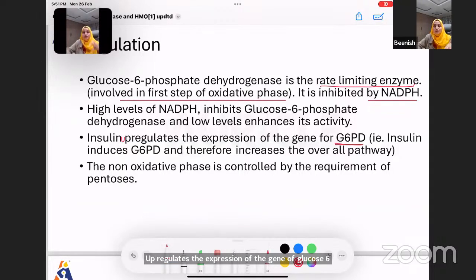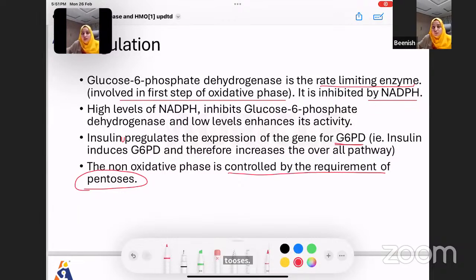So in the well-fed state when there's insulin, the activity of the gene of glucose 6-phosphate dehydrogenase will be increased, therefore increasing the overall HMP pathway. The non-oxidative phase is controlled by the requirement of pentoses. Okay, so those sites where there's requirement of more pentoses, like there's more DNA synthesis taking place, then your non-oxidative phase will be acting more.